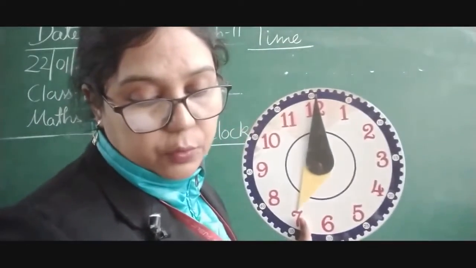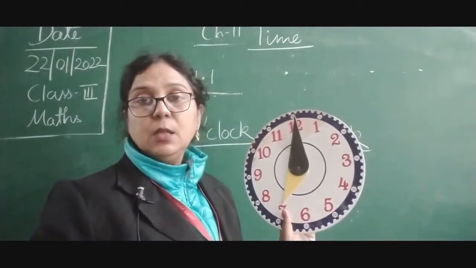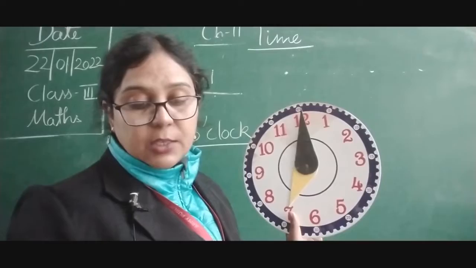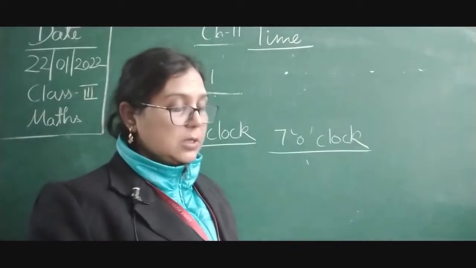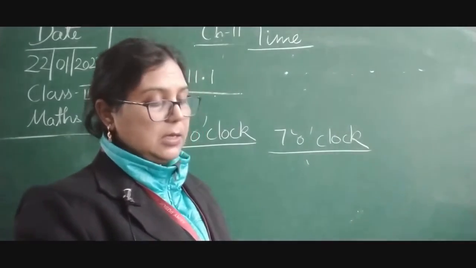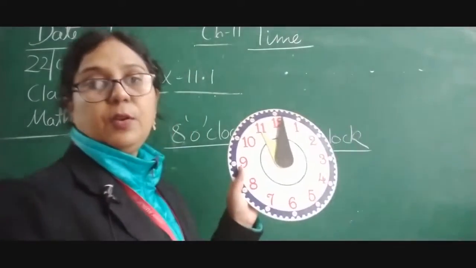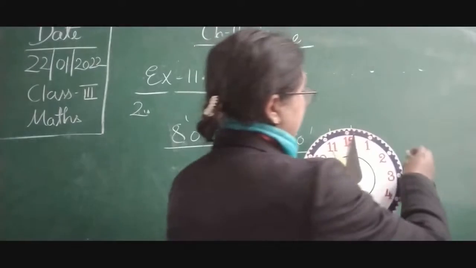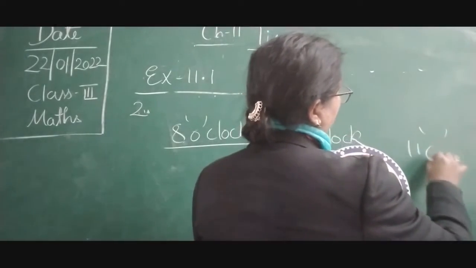Now we have to show 4 hours later. 7 o'clock के बाद 4 घंटे बाद क्या है? So this is 11 o'clock. When we count it, we get 11 o'clock. So 4 hours later, this is 11 o'clock.